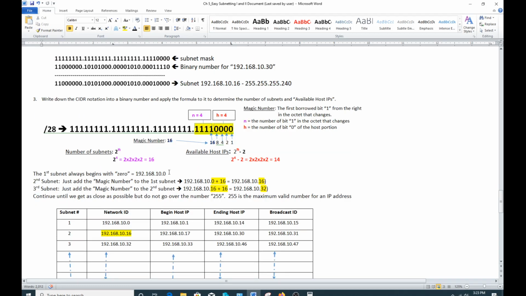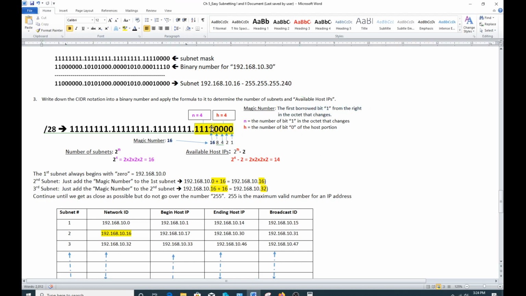Now if you want to know the second subnet, how do we find it? Well, we know that the first subnet always begins with 0. So we need to find out the magic number. The magic number is the first borrowed bit 1 from the right in the octet that's changing.